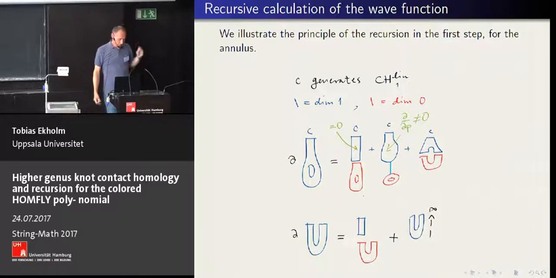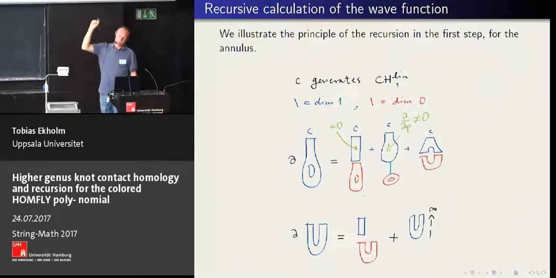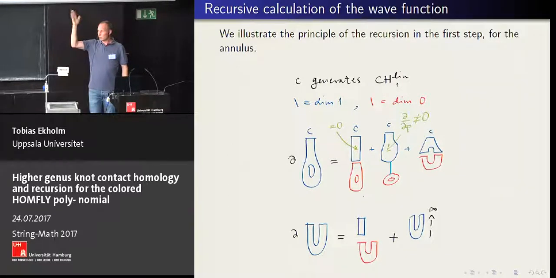And one can check that, at least if you fiddle a little bit with this Legendrian torus, then at the cost of introducing more Reeb chords, you can make sure that you have only somehow formal high genus curves at infinity.